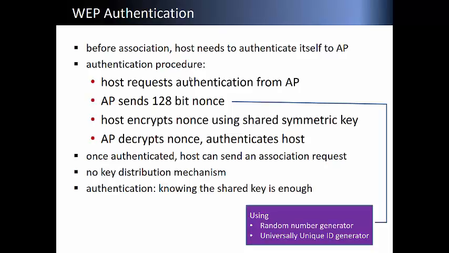Okay, what is nonce? So access points send out a nonce. Then your laptop needs to do something with that nonce, and then send it back to access points. So access point verifies, oh, this guy I want to serve.